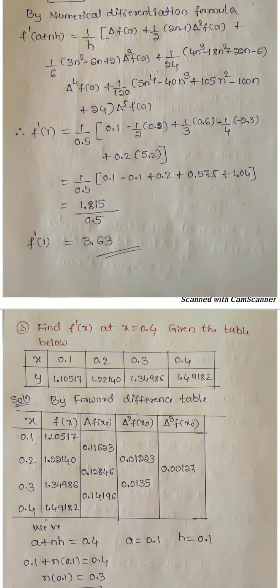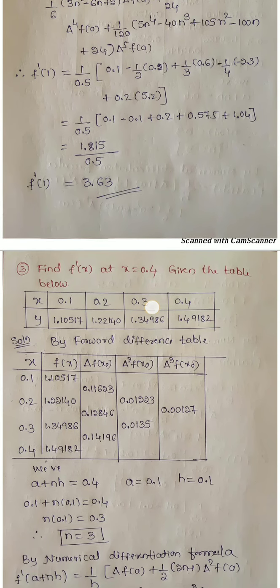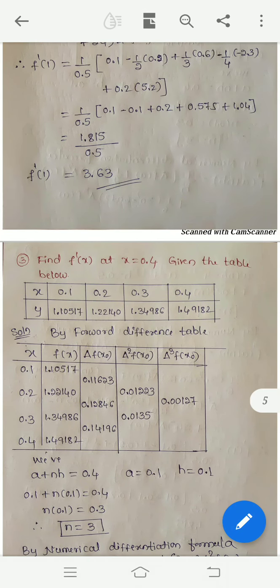Okay, similarly take another example. Find f dash of x at x is equal to 0.4. From the given table, the x values and y values are given here. The x values are 0.1, 0.2, 0.3 and 0.4.